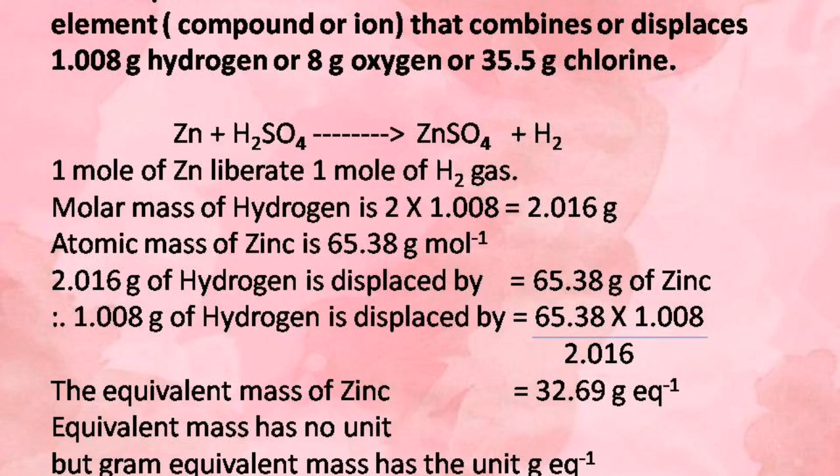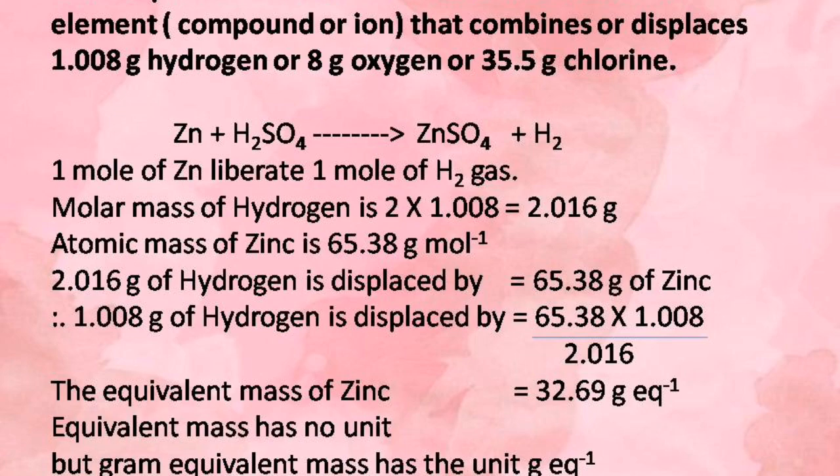Here on the left hand side, 1.008 gram of hydrogen is the equivalent mass, which means the right hand side answer we are getting is also the equivalent mass of that element or metal. Here we used zinc, so the equivalent mass of zinc is 32.69 gram per equivalent.